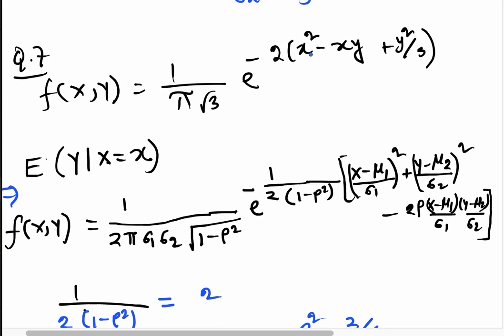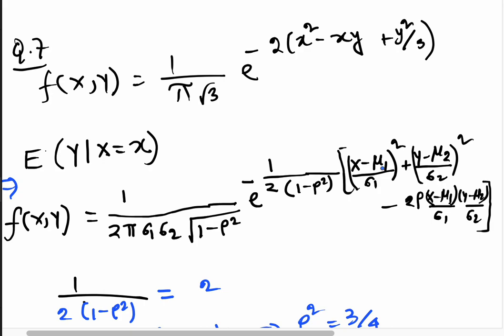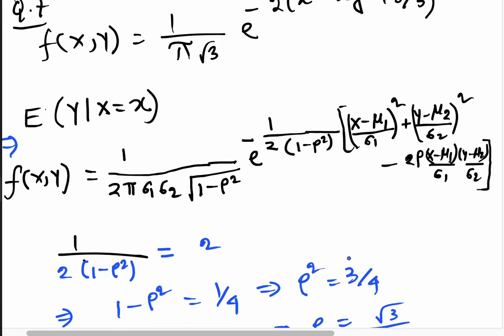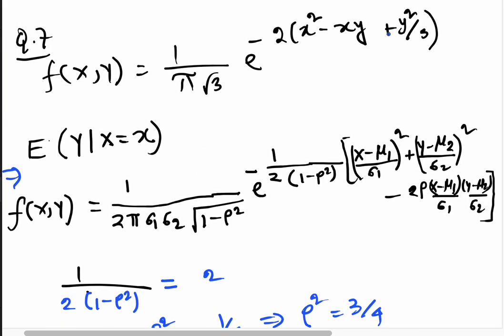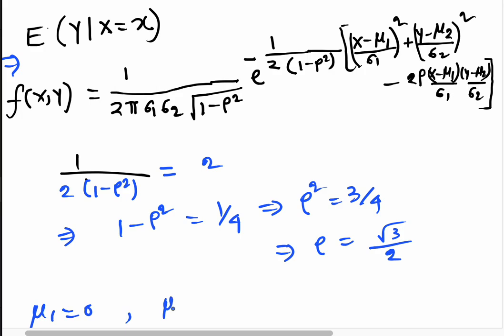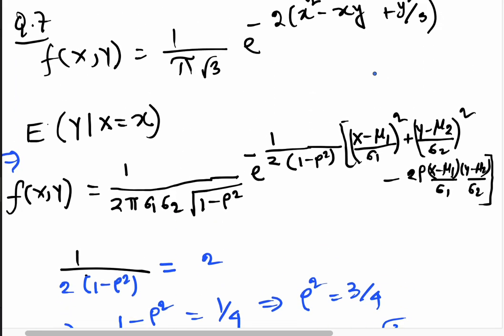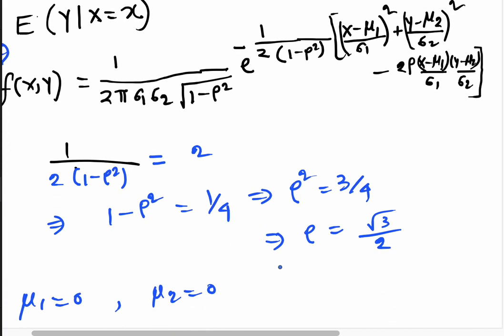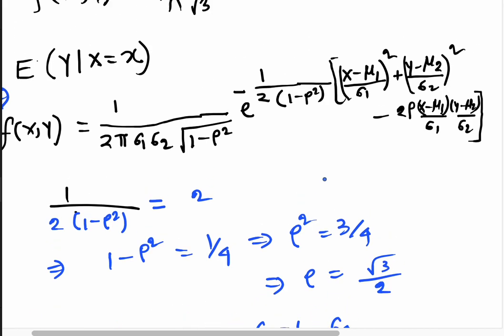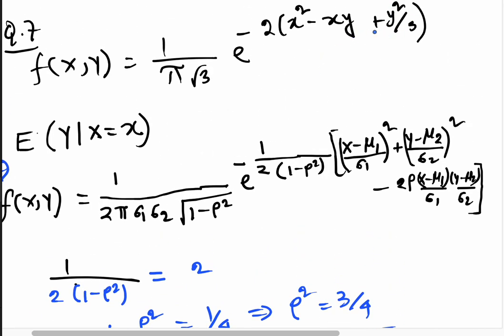Comparing, mu 1 is 0, mu 2 is also 0, sigma 1 is 1, and sigma 2 is root 3.